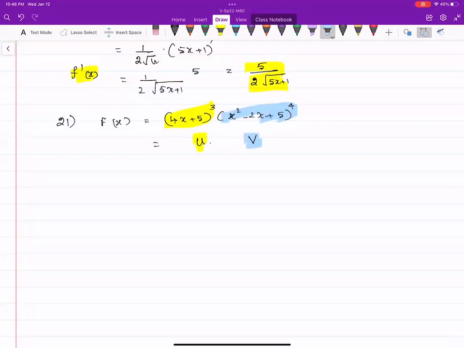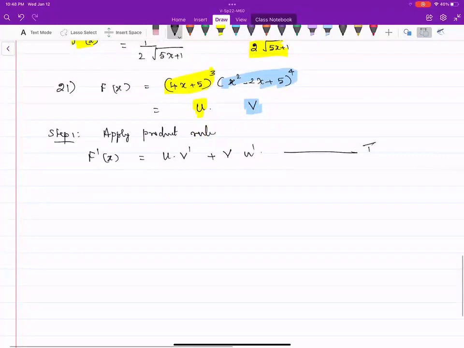So we are going to apply the product rule. First step is the product rule. So f prime x will be u v prime plus v u prime.